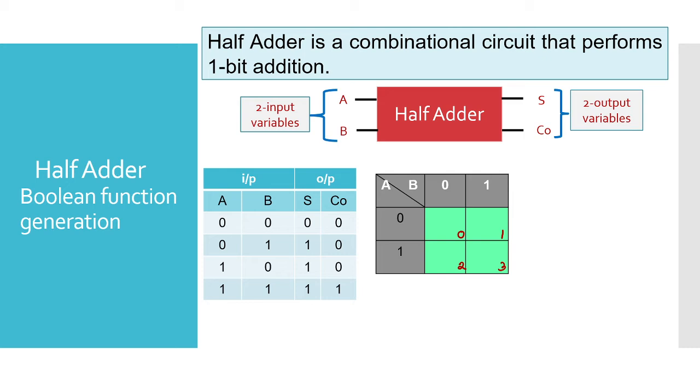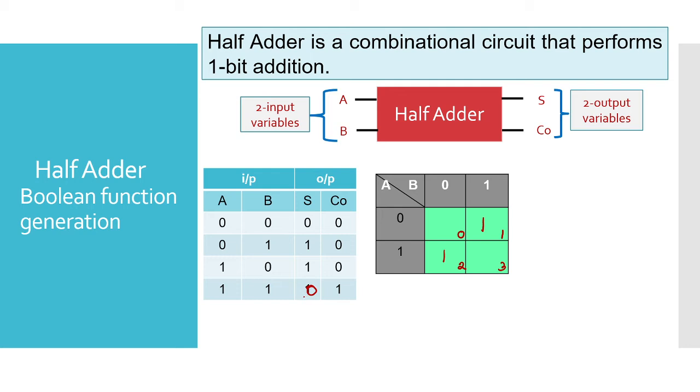You see the table and you fill the 1. Sorry, it is written wrong. Cell number 1 and cell number 2, it is 1, and cell number 3, it is 0.